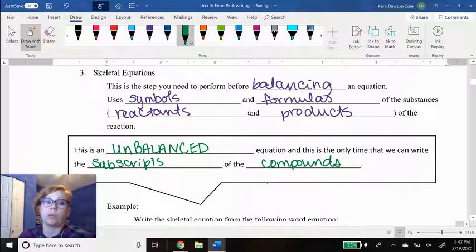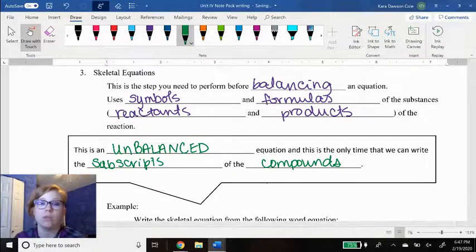Okay, so when you are writing a skeletal equation, what you are doing is writing the formulas for the compounds that are reacting, or the symbols for the elements reacting. That is all you need to do. You do not need to actually balance the equation, okay?